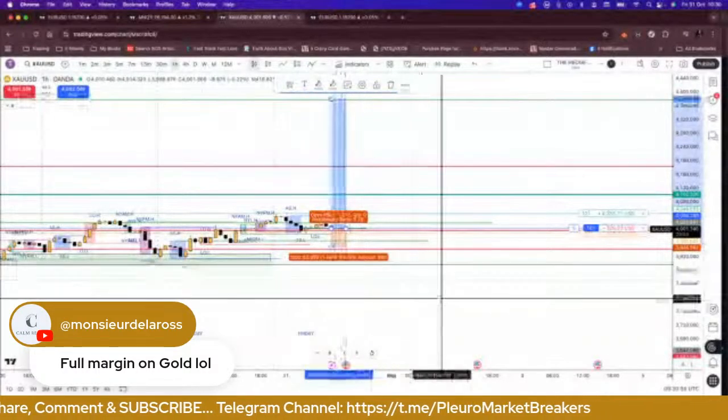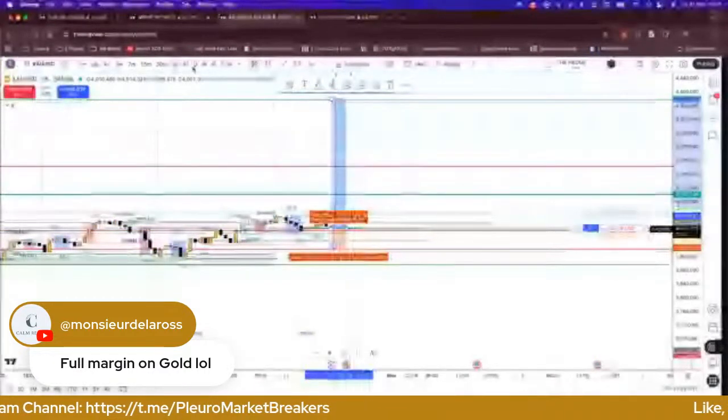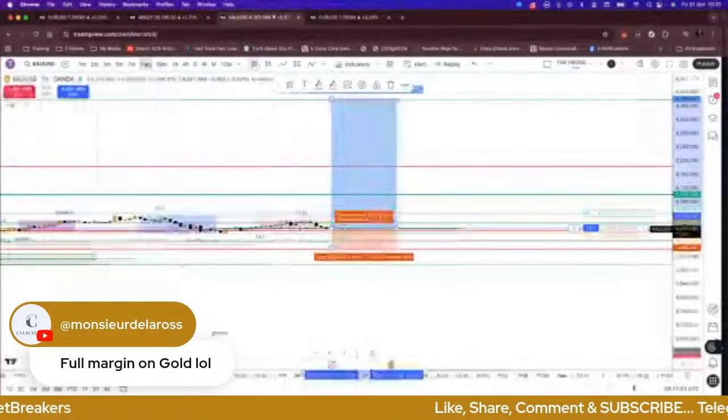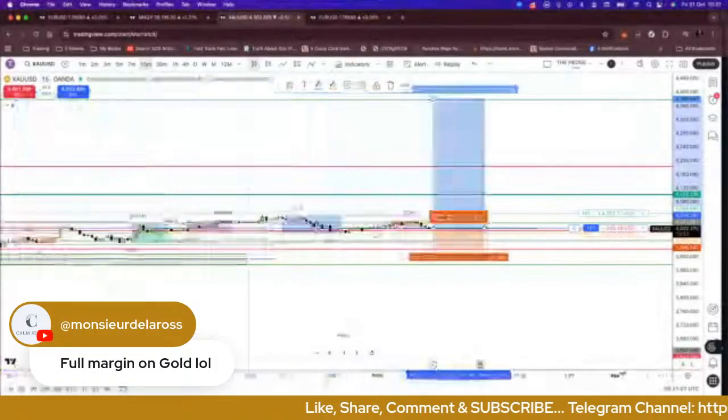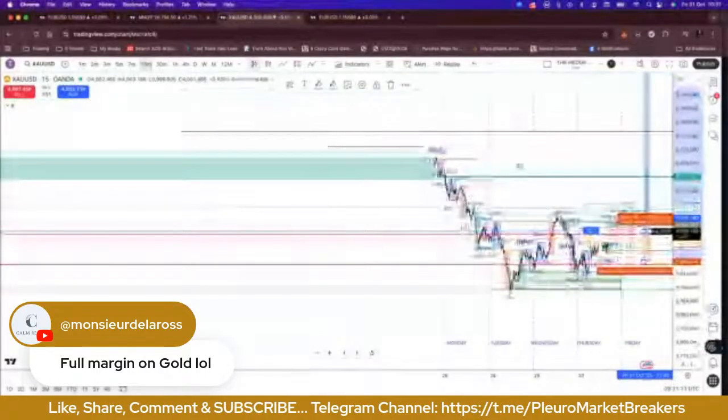I think I'm going to take that one as well, but I don't think it will let me take it. Let's see, to keep it within my risk profile of 1%. Yeah, I'm a 1%er, and I'm not ashamed about it.